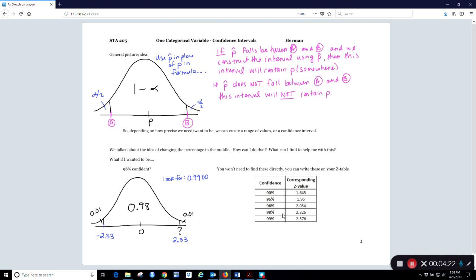If we look at that 95%, you'll notice that it's not exactly 2, but it's really close to 2. So that's where that idea of the empirical rule is coming. If I want to be 90% confident, I'm going to go out 1.645 standard deviations. If instead I want to be 99% confident, I'm going to go out 2.576 standard deviations.